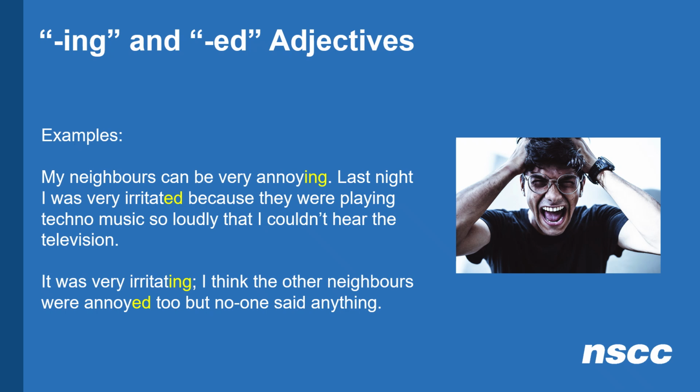Here, the forms of the verb to irritate and to annoy change to adjectives for things, like people, places, or items, or feelings. Making sure that you use ing and ed endings correctly is important for clarity and accuracy in English.